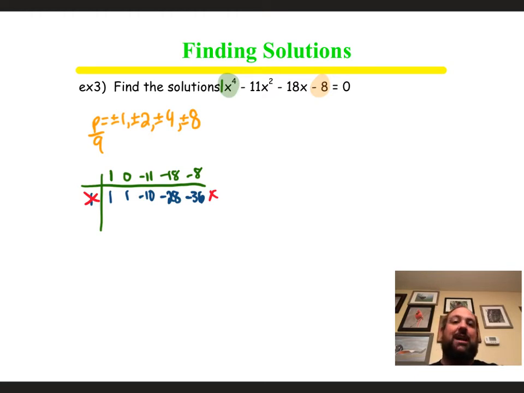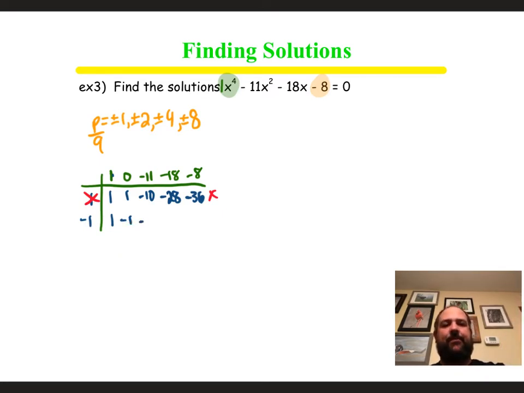So maybe I try negative 1. Again, we follow the same process. This 1 comes down. So we'll do negative 1 times 1, which is negative 1, plus 0 gives me another negative 1. Then we're going to take negative 1 times negative 1. That's 1 plus negative 11.